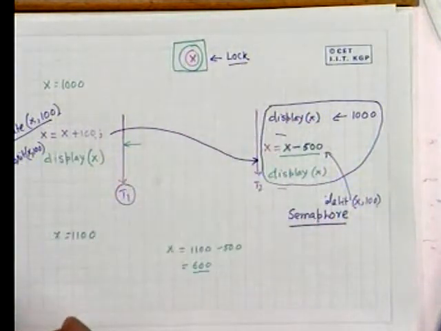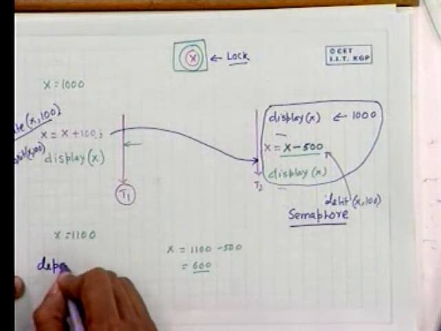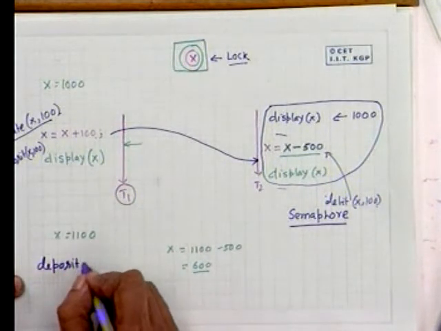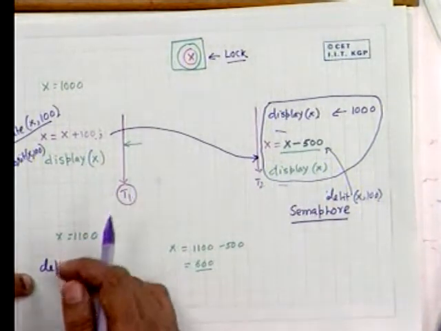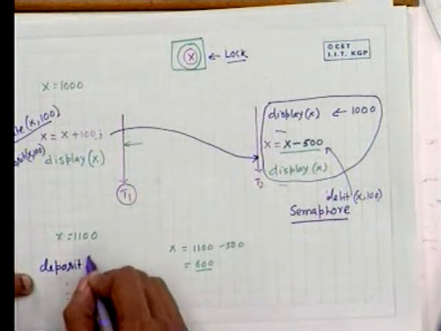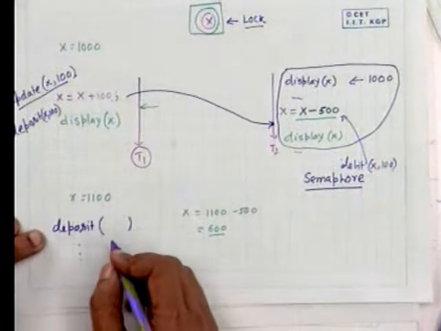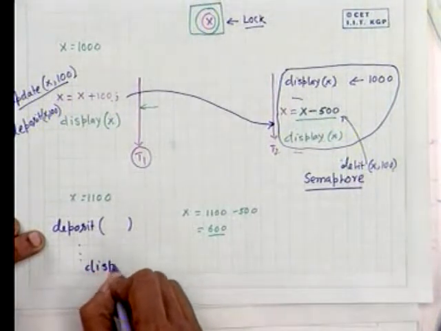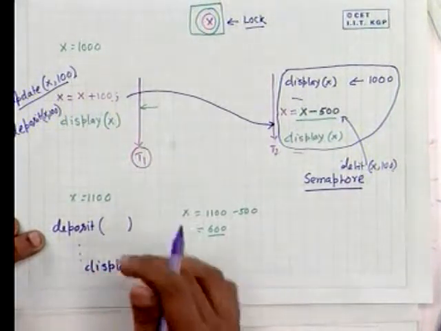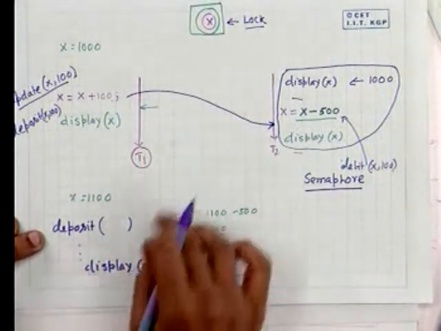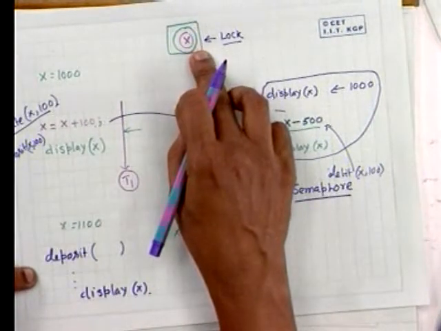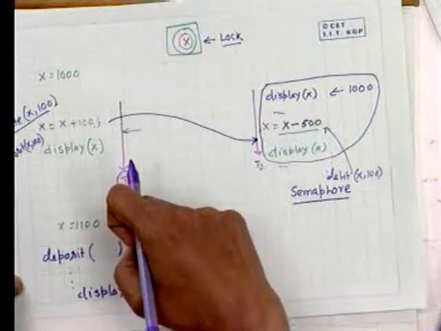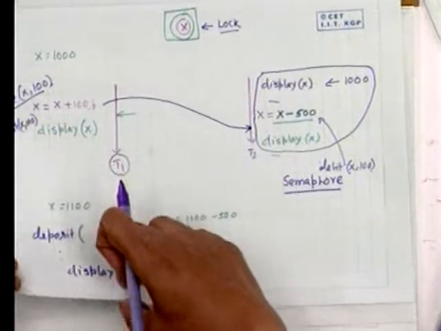So inside the deposit code, I am perfectly allowed to use another method, say a call to display. Even though you are accessing some shared resource, since T1 has already acquired the lock, or been granted access to the X object, it can go on utilizing it and there will not be a problem.